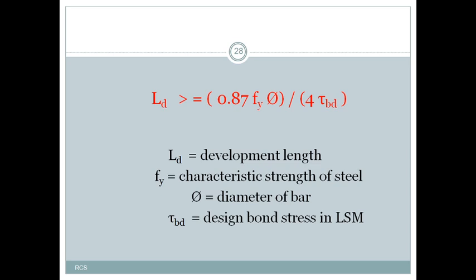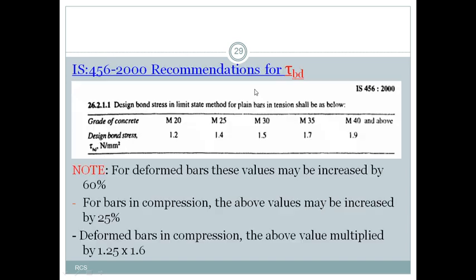The stress will transfer the force to the concrete in the form of bond stress. Further, to resist that, we have to insert some amount of bar length into the concrete, that is Ld. That is, Ld should be greater than or equal to 0.87 fy phi by 4 tau bd. Tau bd is the bond stress, fy is the characteristic strength of steel, and phi is the diameter of the bar. We have to calculate like this.